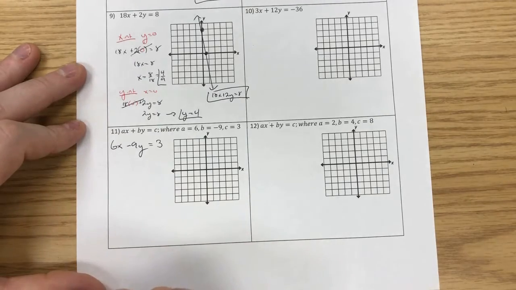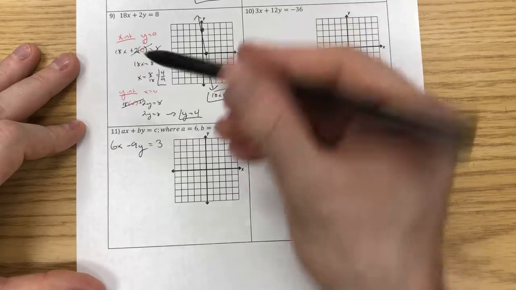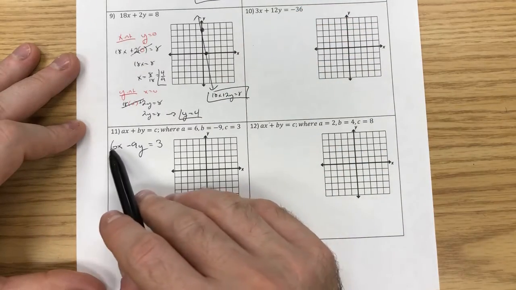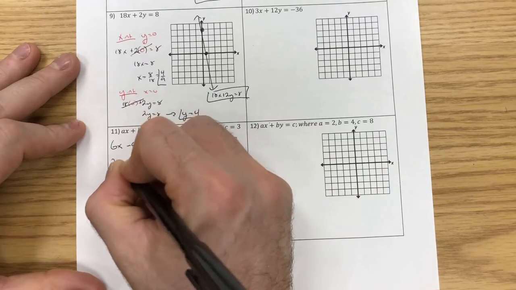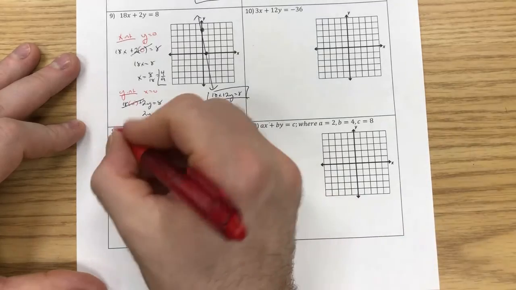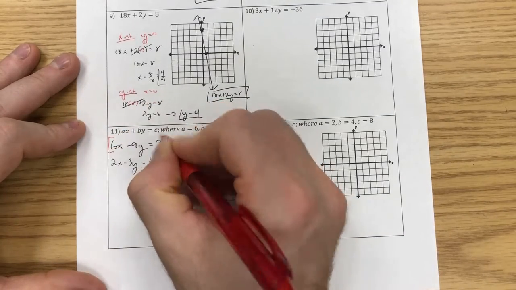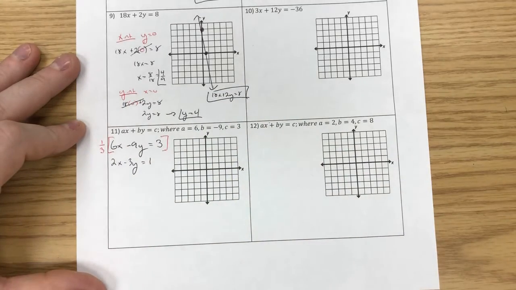Now I can solve this. And just to see that reduction doesn't have any effect on the final outcome, I've noticed that 3, 6, and 9 are all divisible by 3. So I'm going to reduce this to 2x minus 3y equals 1. And I know this because I can take the entire equation and multiply it by 1/3 or divide it by 3.